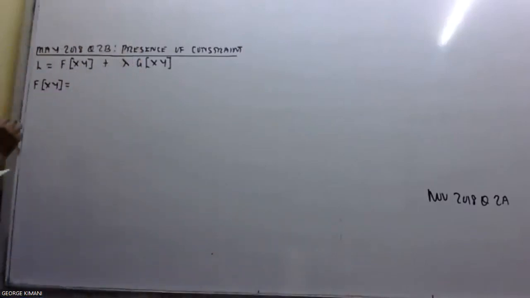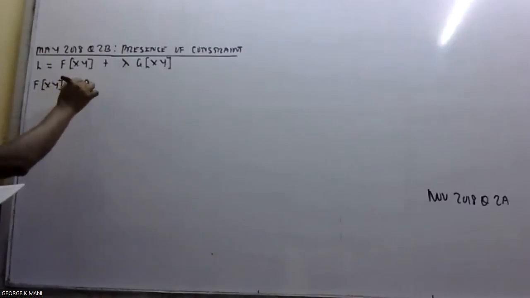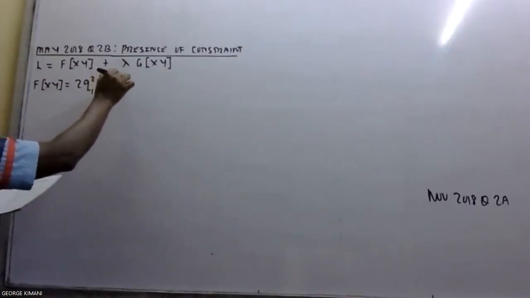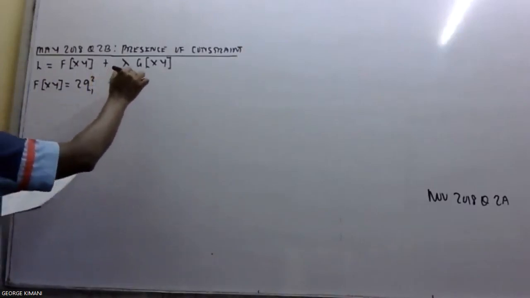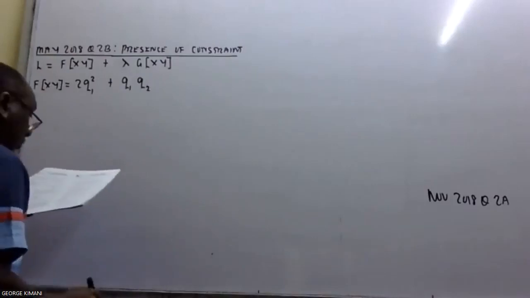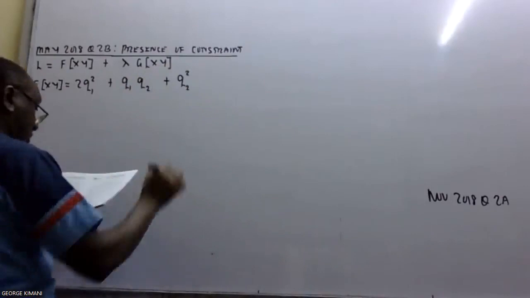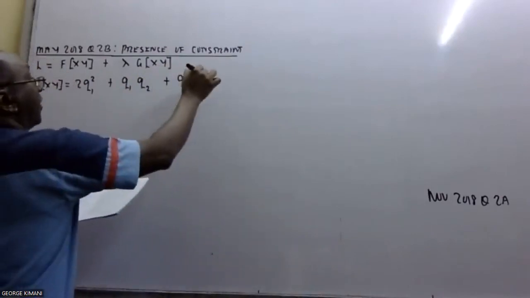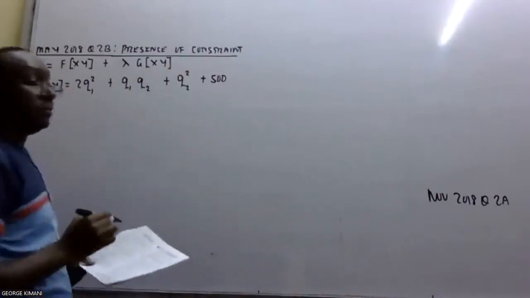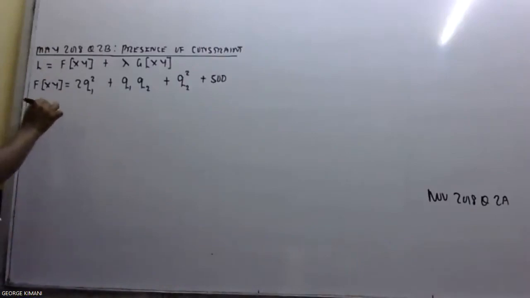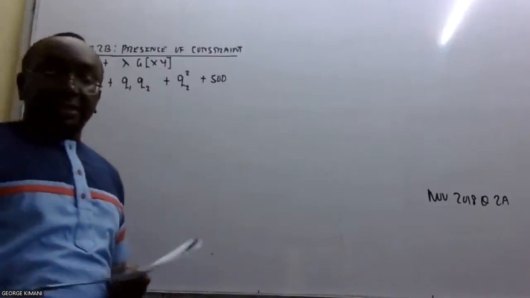So this is the one that is given there as 2Q1 squared plus Q1 Q2 plus Q2 squared plus 500. That is the function that we want to optimize. Then g of xy is the constraint.